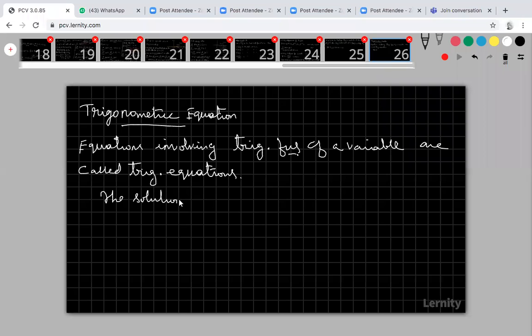The solutions of a trigonometric equation for which 0 less than or equal to x less than 2 pi are called principal solutions.